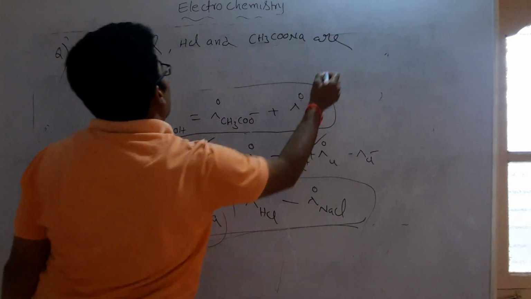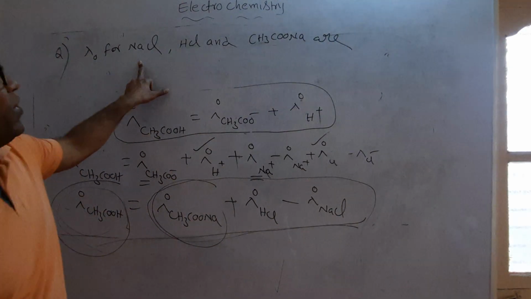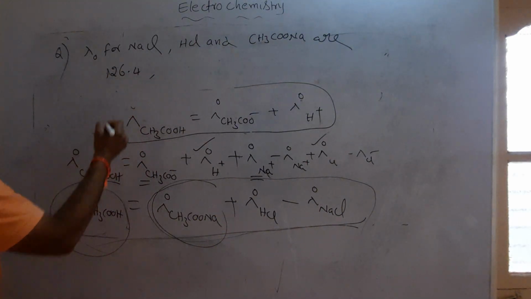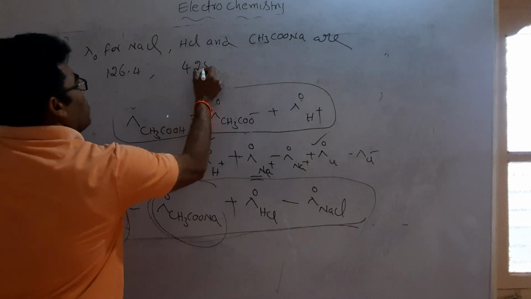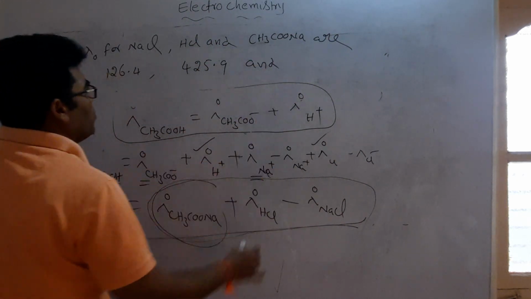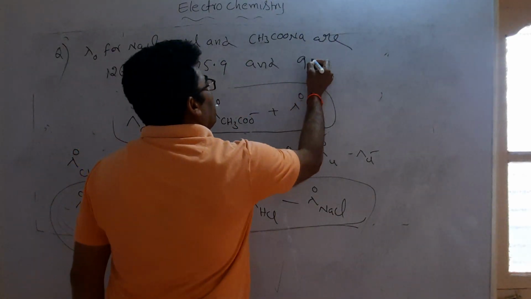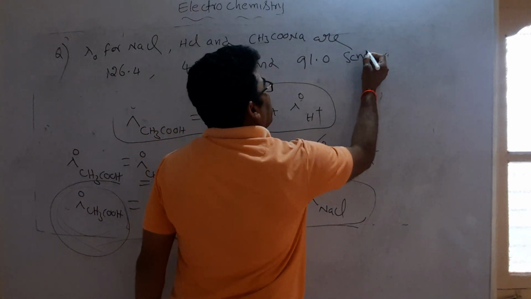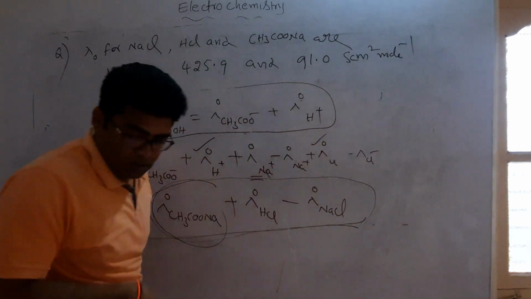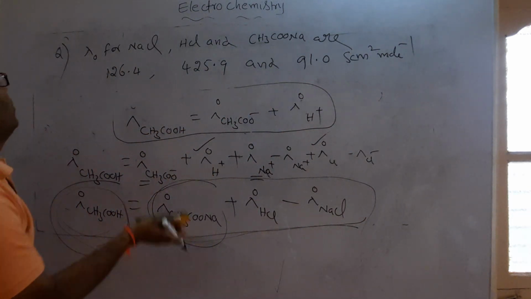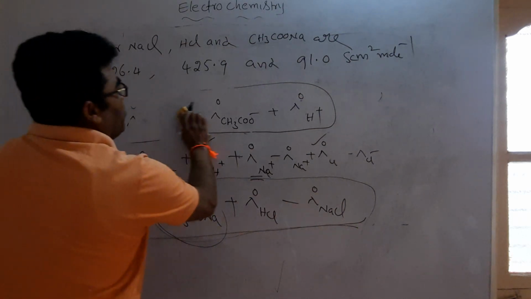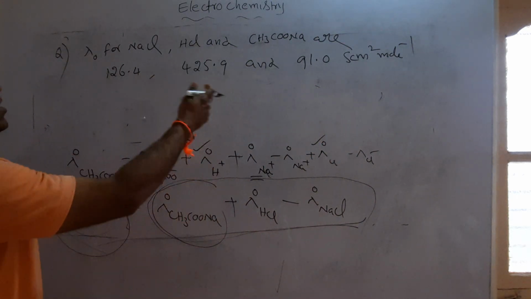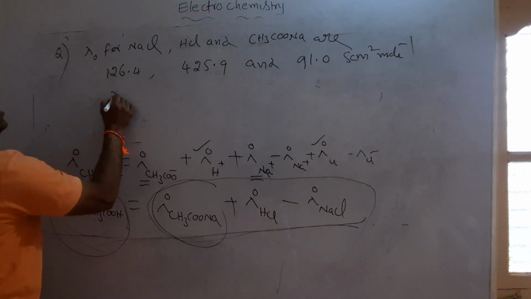The limiting molar conductivity of NaCl, HCl, and sodium acetate are 126.4, 425.9 and 91.00 Siemens centimeter square mole inverse respectively.